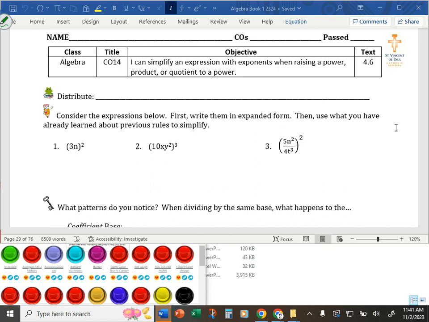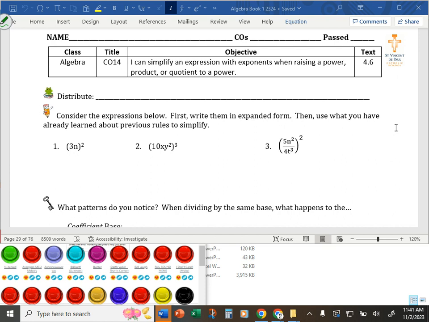First of all, the definition for distribute, we've defined this before with equations. What does it mean to distribute something? To give out, to multiply, okay?